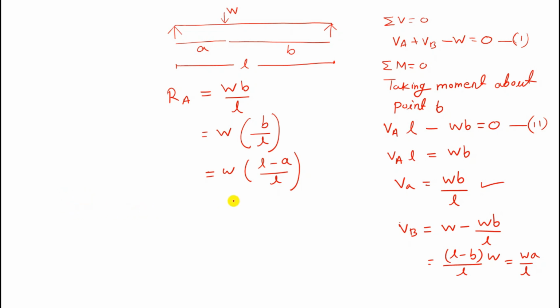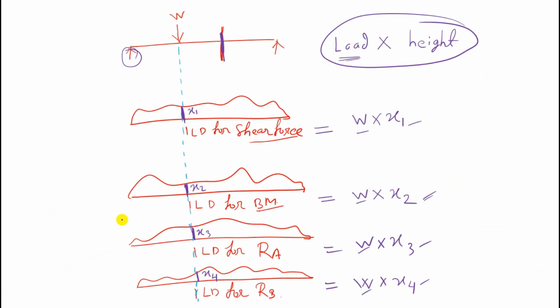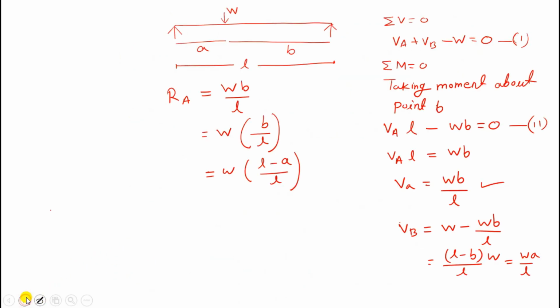You have to draw the influence line diagram. So in the previous slide I have shown you that the general formula is load multiplied by height. Okay, so obviously this is the load and this is the equation of height, nothing else.